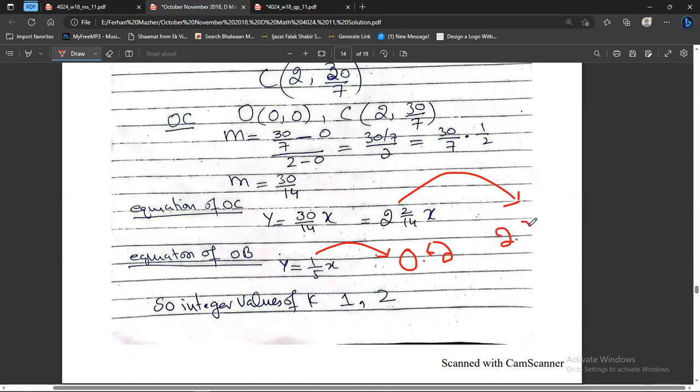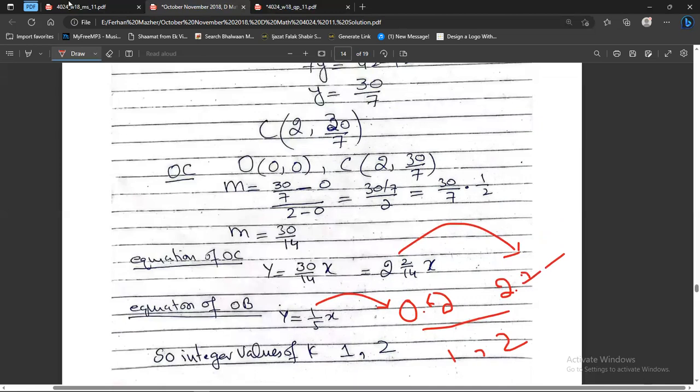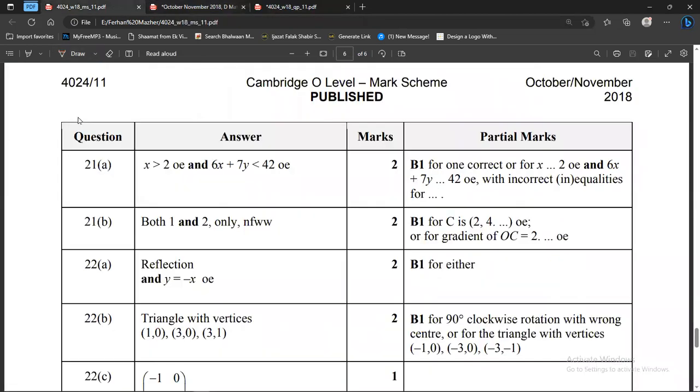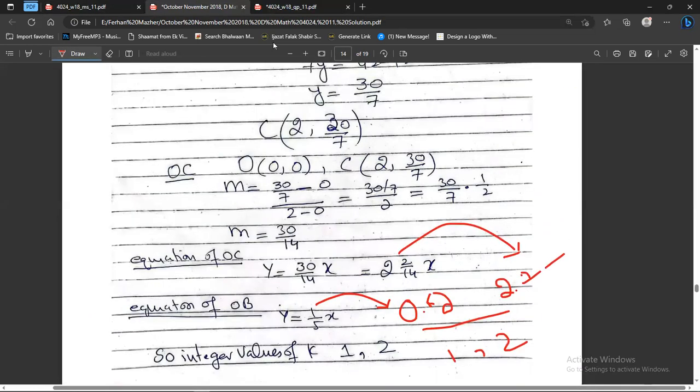I don't know exactly what, but it is something, so we don't need to go into this. Between these two values, we have to tell the integer value. The integer can be only 1 and 2. It's a very tricky question. 1 and 2. Our answer is right.